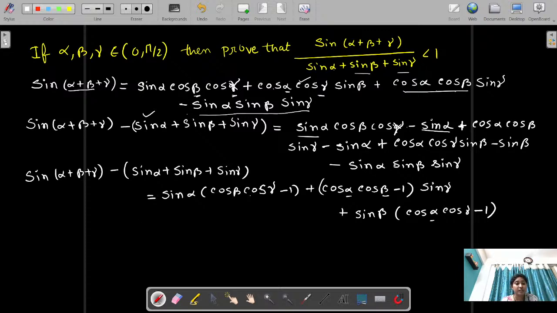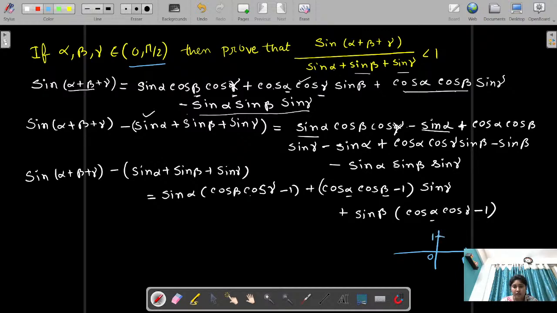Now you have to observe a little bit: what is the interval we have? We have the open interval 0 comma pi by 2. Suppose this is my 0 to pi by 2. So cos 0 is 1, and cos pi by 2 is 0.